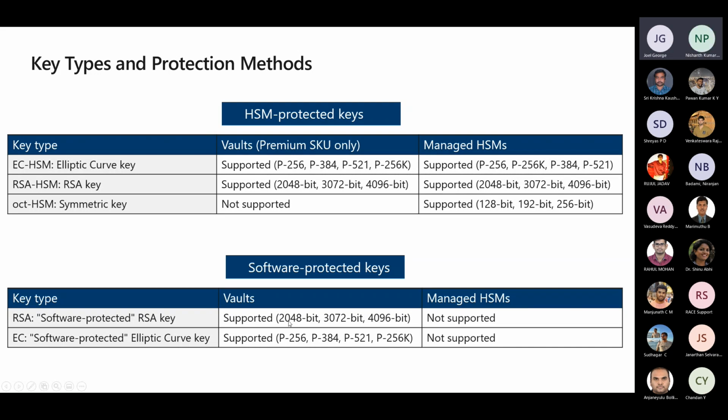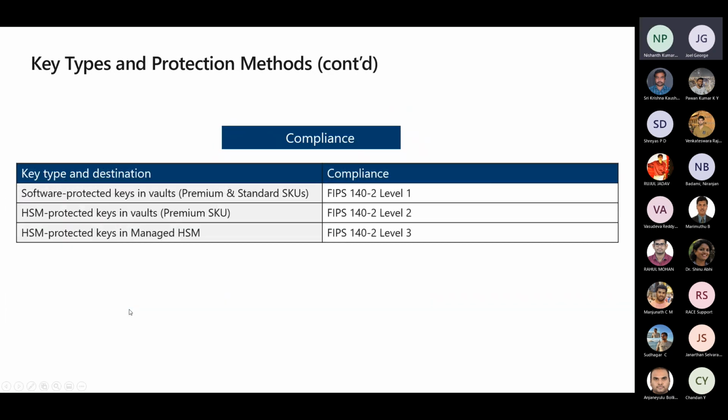They support 2048-bit key, 3072, 4096, P256, P384, P521, P256K. Then elliptic curve, RSA, symmetric. And then they have FIPS compliance level 1, level 2, level 3. Level 1 is software protected keys in vaults. Level 2 is HSM protected keys in vaults, and level 3 is HSM protected keys in managed HSM.